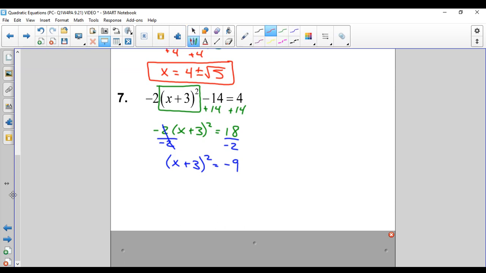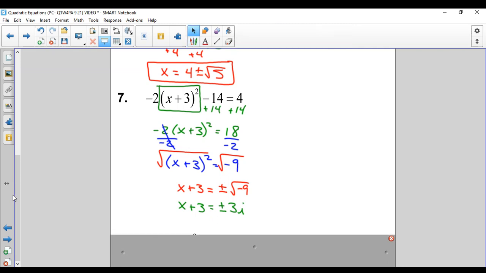We now square root both sides. We have x plus 3 equals plus or minus square root of negative 9, which hopefully we recall is just 3i. So I'm going to rewrite that in this step. Still plus or minus 3i.